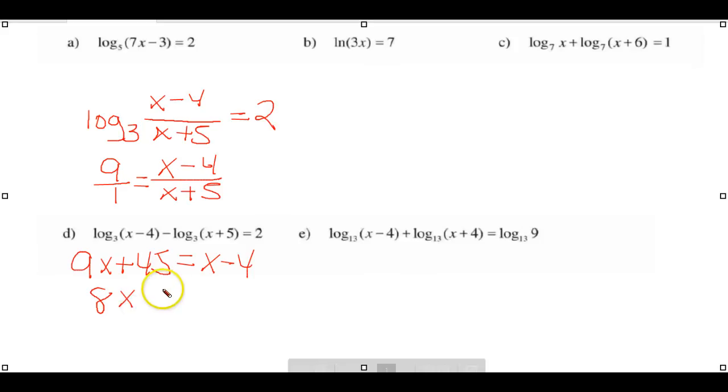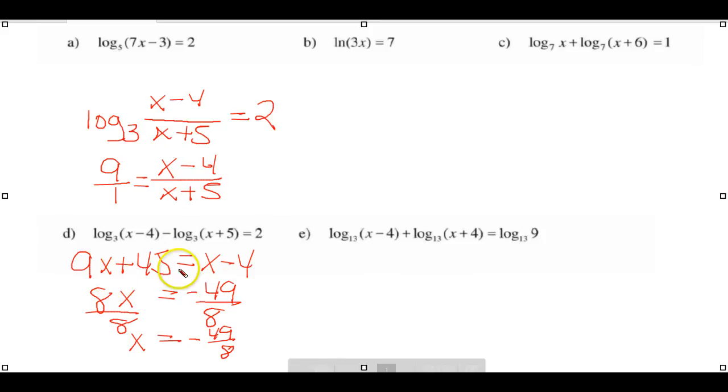So I get 8x. I'm going to subtract 45 from both sides and get a negative 49. And now I'm going to divide both sides by 8. And I get x equals a negative 49/8.